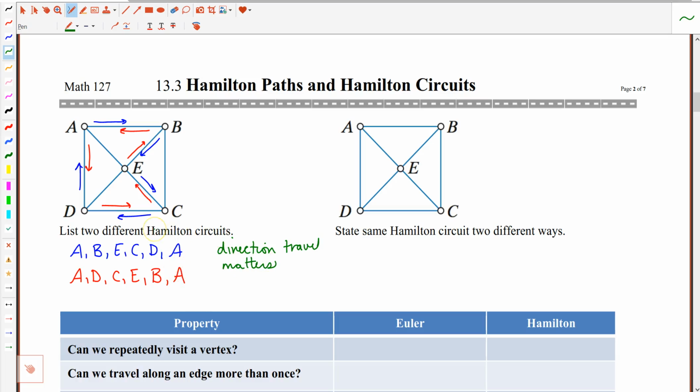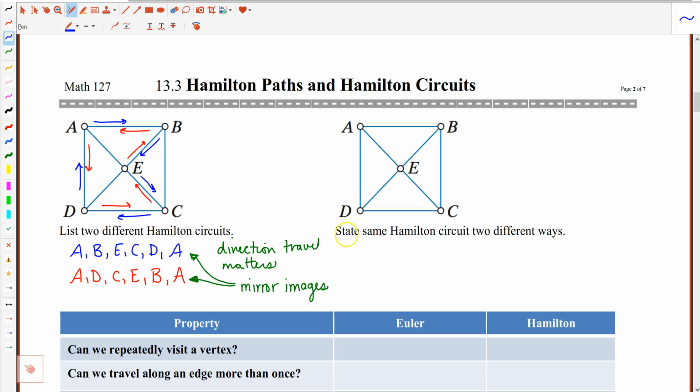Now, there is a relationship between them, especially when we get into weighted graphs, so I'll be calling these mirror images. They're grabbing the same edges in the graph, but I'm just traveling through the graph in a different order, specifically the reverse route.